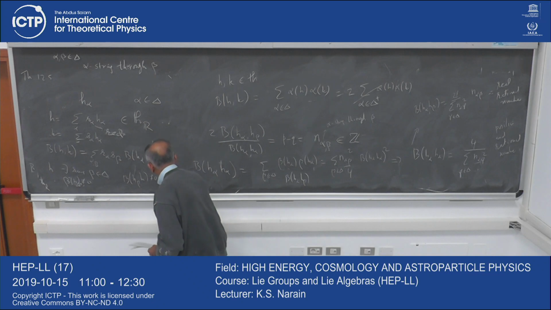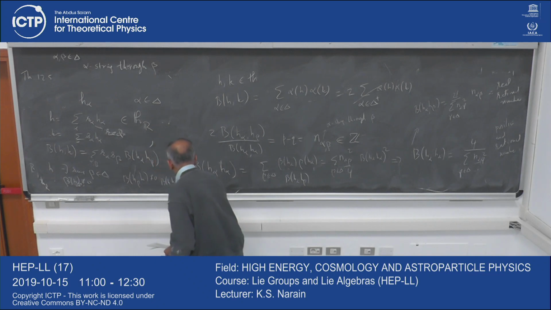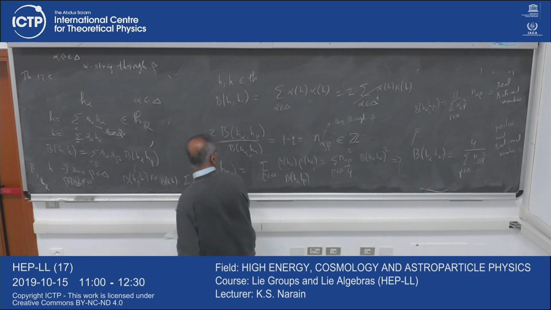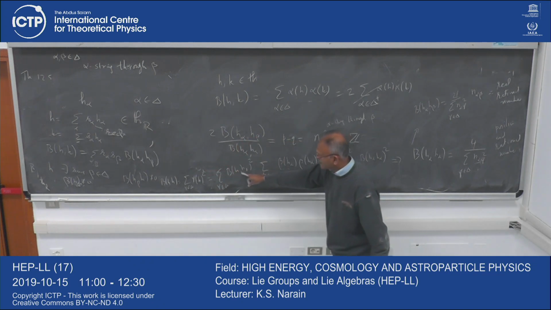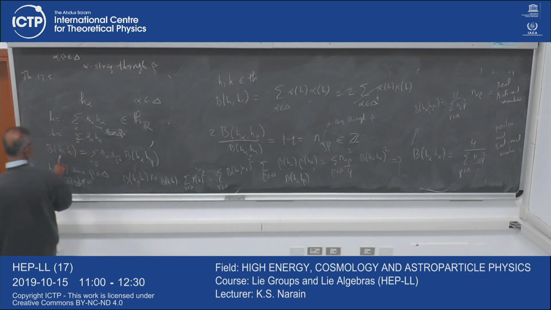Then I can now take B of H, H, which by definition is the sum over gamma belonging to delta of gamma(H) squared. This is the same as the sum of B(H, H_gamma) squared, gamma belonging to delta. We said this is in general true, so long as I'm taking real coefficients, that this is real.